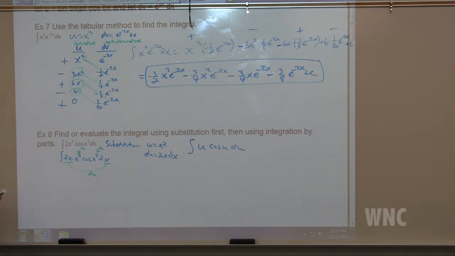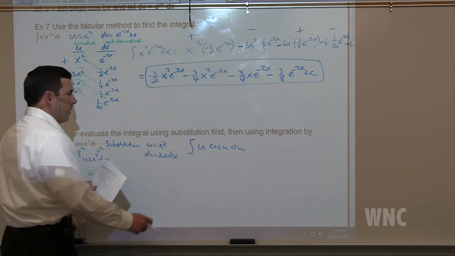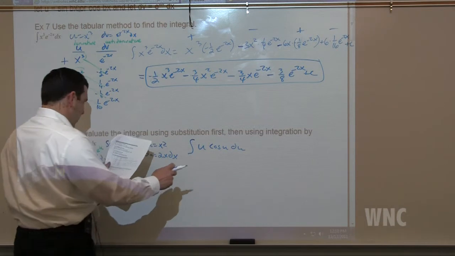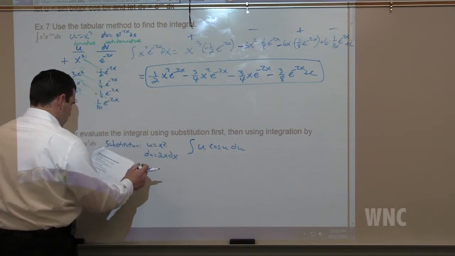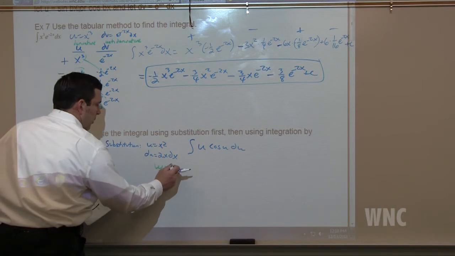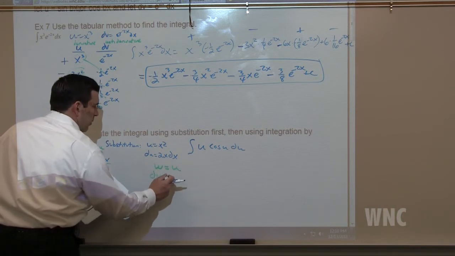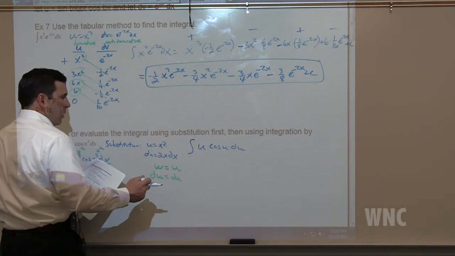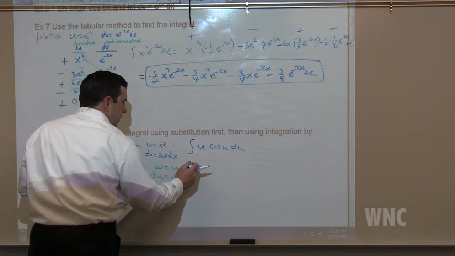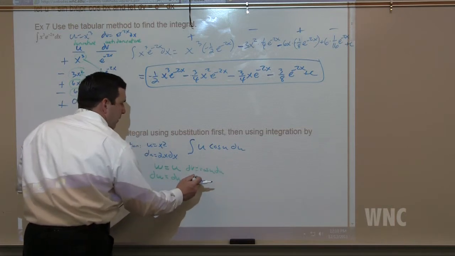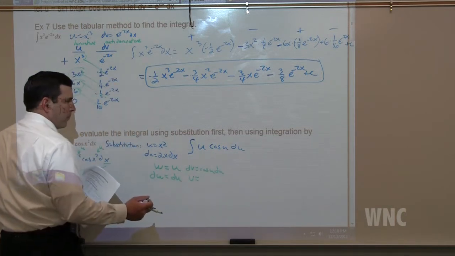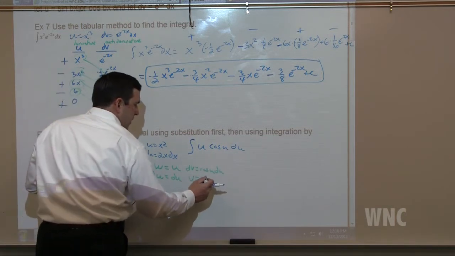Following by integration by parts, I'm going to call it wv. W will be u, dW will be du, and dV will be cosine u du, and V will be sine u.